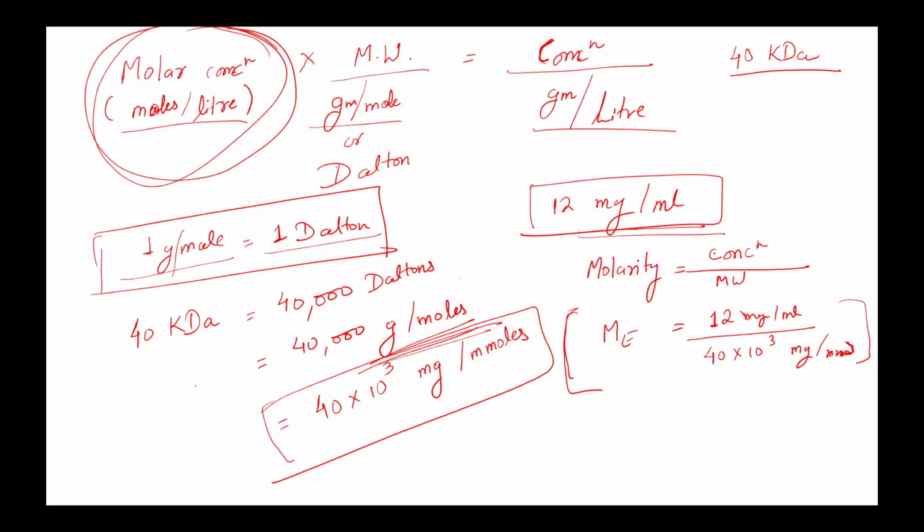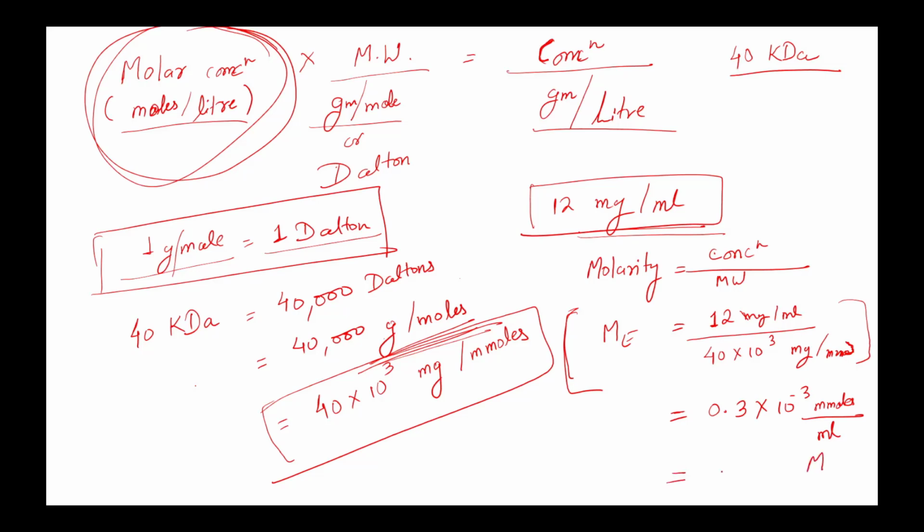If we solve this, we get 0.3 into 10 to the power minus 3 millimole per ml, which is the molarity.